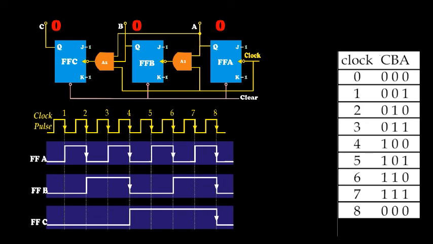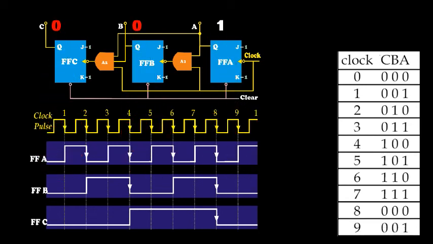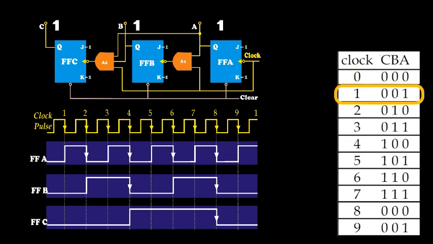If the 8th clock pulse is given, then the output will be 001, and if further clock pulses are applied, the flip-flops will proceed counting in the binary sequence, and the sequence from all 0 to all 1 will be repeated.